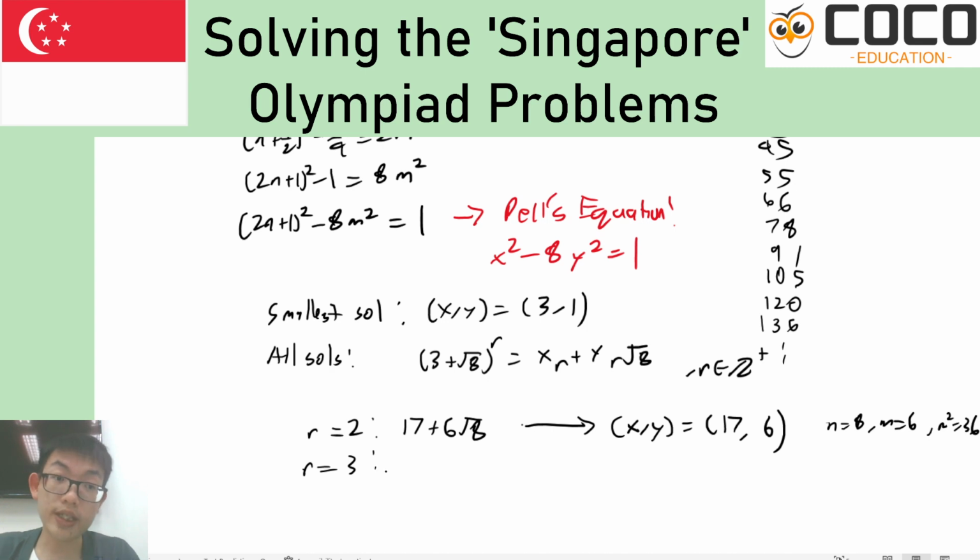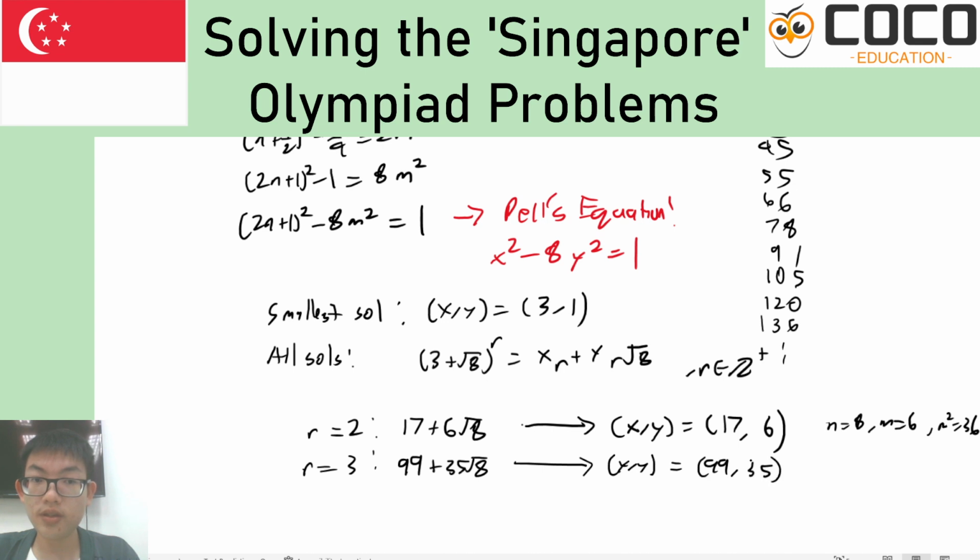So we need to take the next one. The next one would be 99 plus 35 root 8. And if you check this, n is 49, m is equal to 35, m squared is 1225.